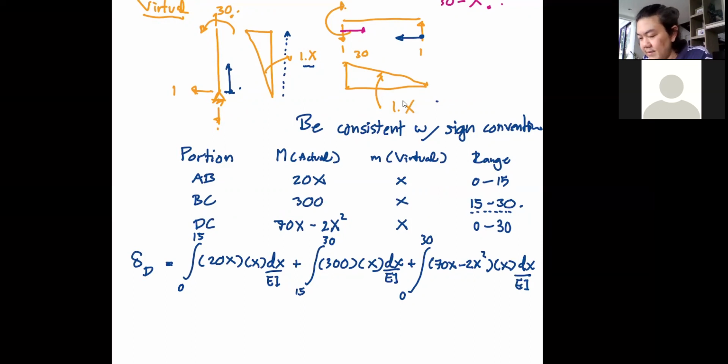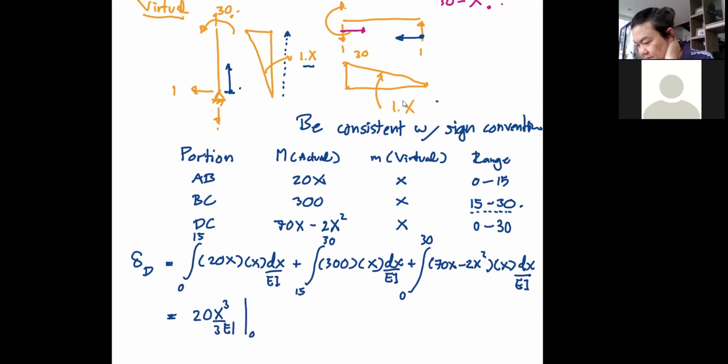Or if you still have fun with the integration by hand, you can actually do it, but you have to have a high level of concentration, because you have to multiply this first and then integrate the whole thing. So you have to integrate 20x squared. That's how you get 20x cubed over 3 EI, right?